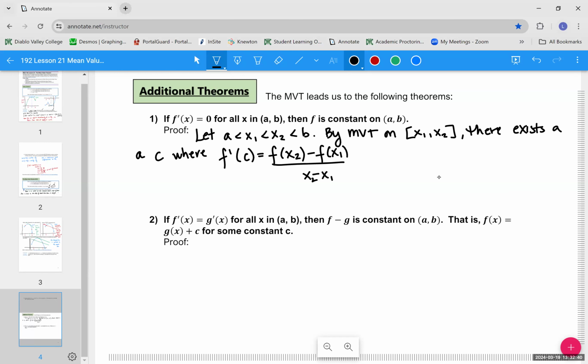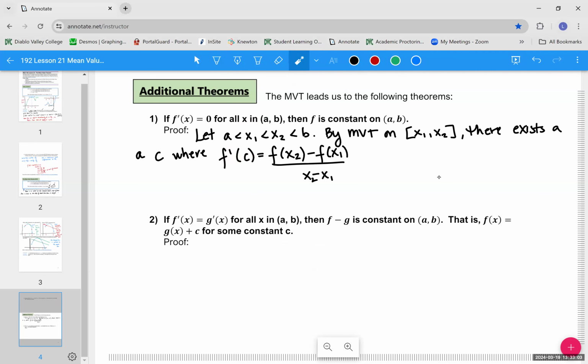Okay. But keep in mind that the first thing this problem told us is that f prime of x equals 0 for all x's in this interval.